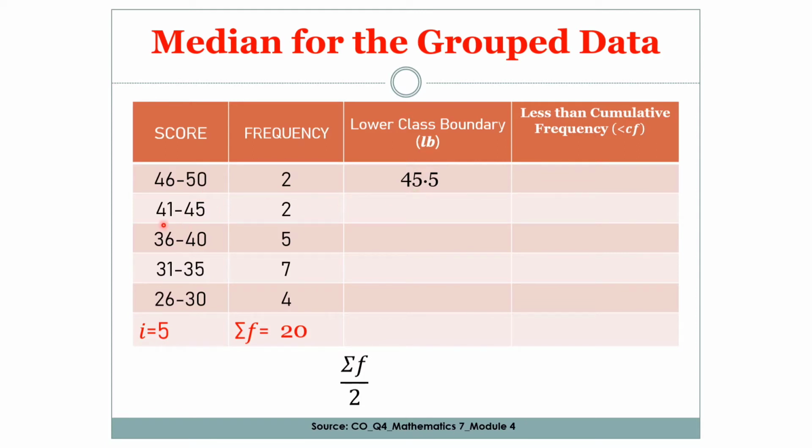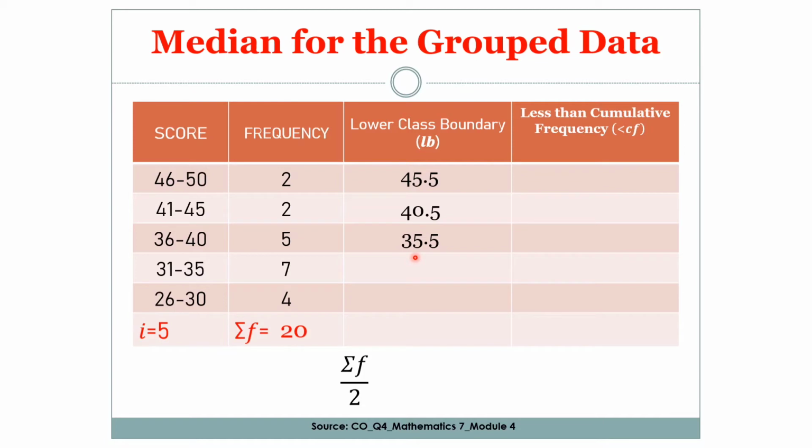Next is 41. 41 minus 0.5 is 40.5. So the lower boundary of the class 41 to 45 is 40.5. Now it's your turn. What is the lower boundary of the class 36 to 40? Yes, awesome.